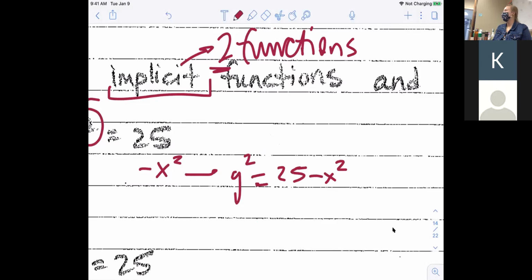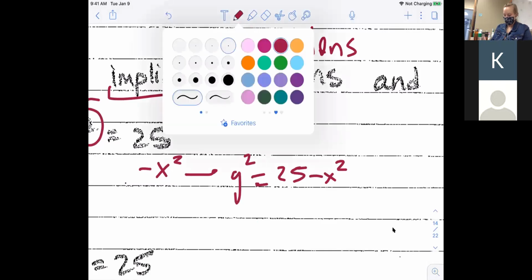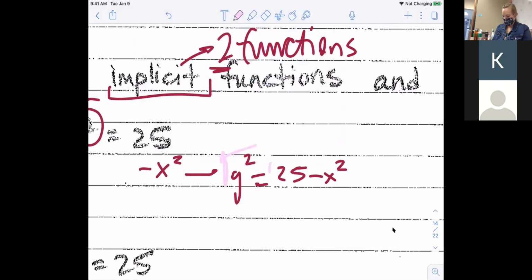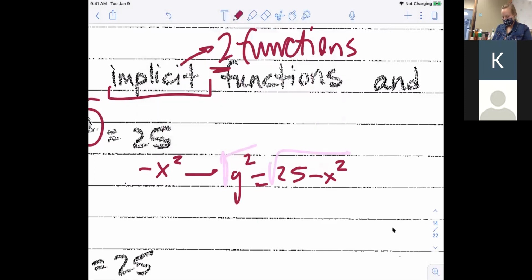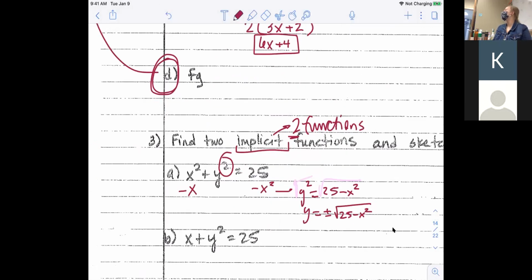Okay, how would you get the y all by itself? Yep, square root. That gives me y by itself, but it's going to give me plus or minus radical 25 minus x squared, because it was an x squared on the other side.